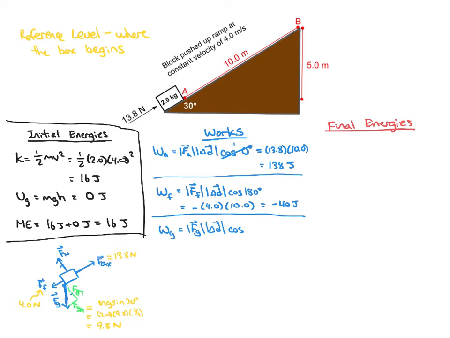So the displacement is pointing up the ramp. I'll put a yellow arrow there. That's the direction of the displacement. Whereas the force of gravity points straight down. So I'll draw a down arrow there.